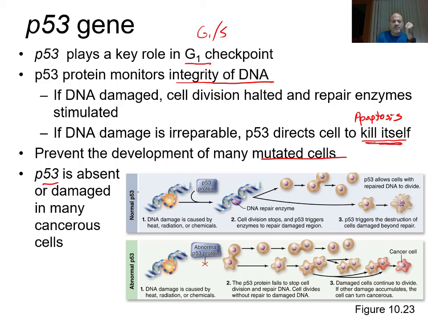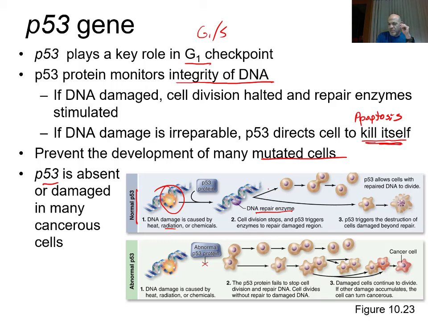So we can see here, if we have a normal P53 gene and you have damaged DNA, whatever caused the damage, could be radiation, ultraviolet, heat, chemicals, that P53 protein is not itself going to go and repair the DNA. What it's going to do is activate DNA repair enzymes that go in and try to repair.